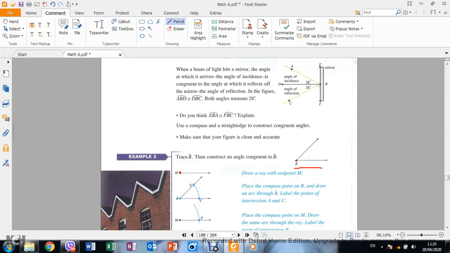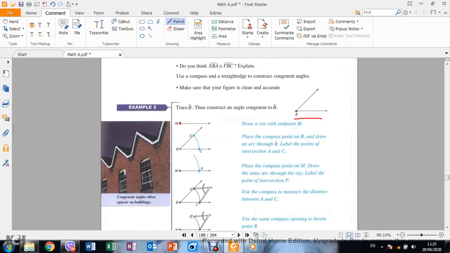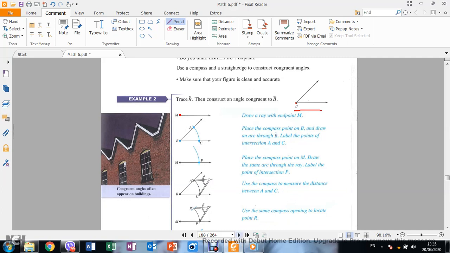So what do we need to do at first? First, put the compass needle down and open it. After that, we put it down at point B and draw an arc. After we draw an arc, we measure this difference between these two points.